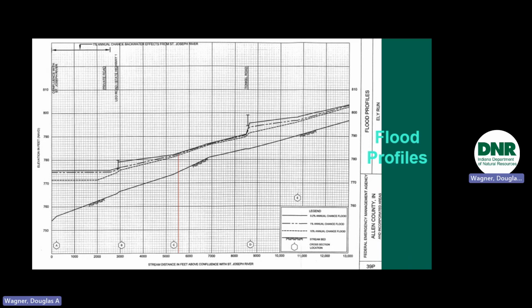In this example, we are trying to determine the base flood elevation, or BFE, for a point approximately 170 feet upstream of cross-section C, and have drawn a line vertically to the 1% annual chance flood line. In this slide, we have drawn in the horizontal line to the left and determined that the BFE is about 782.6 feet North American Vertical Datum by counting the grid boxes down to the 780 line.